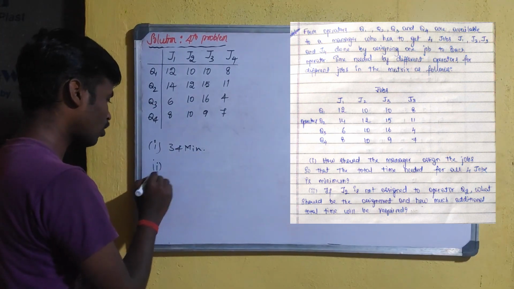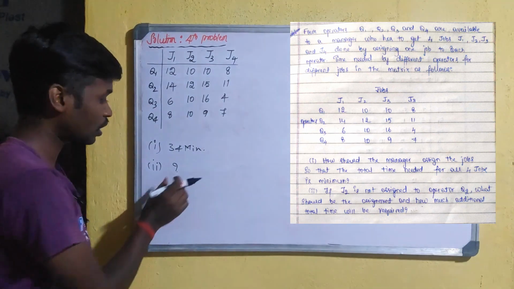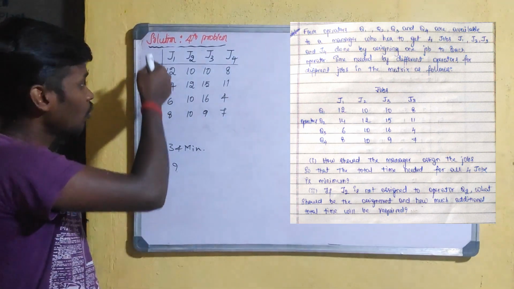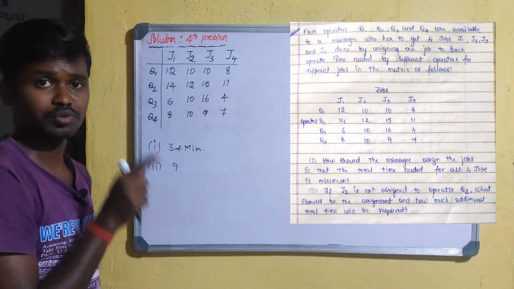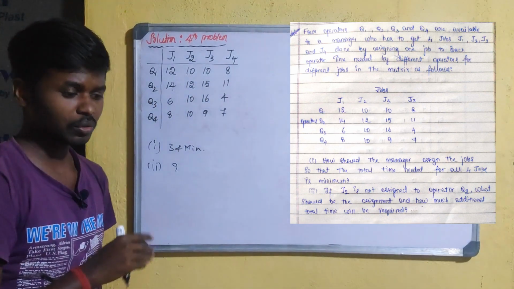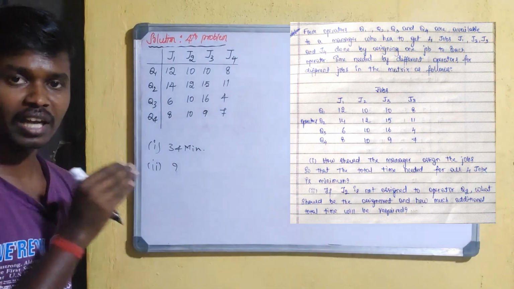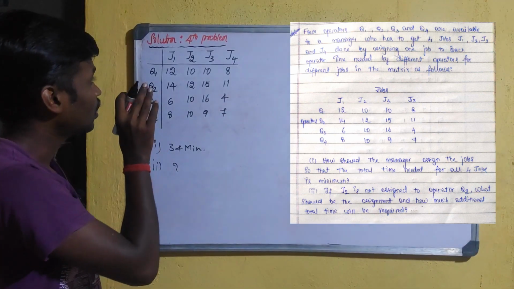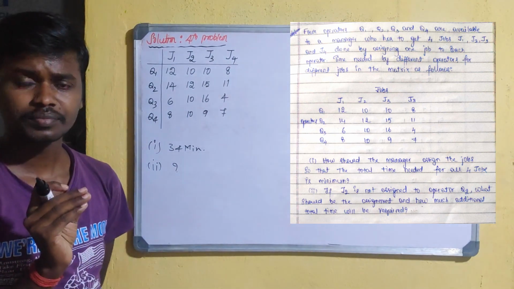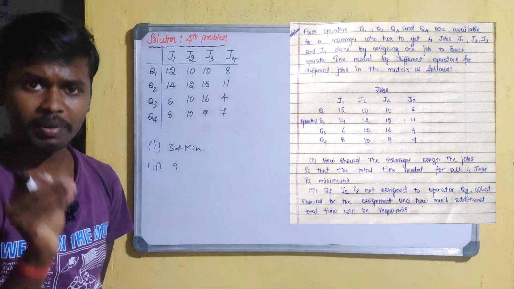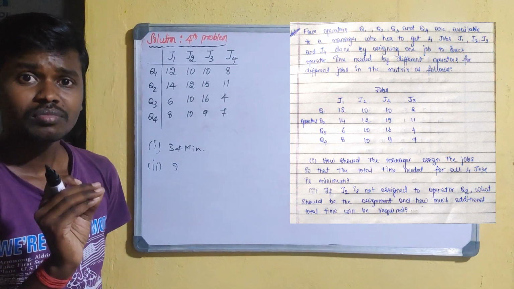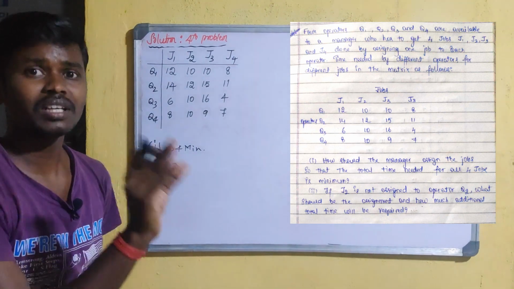Now we have to calculate the total additional minutes required to allocate the total 4 operators to the 4 jobs if the J2 is not allocated to Q2. So while explaining the theoretical concept under the Hungarian method or this assignment model, I have already told that if due to some environmental factors or due to some technical factor, the particular item cannot be allocated to the particular event, right?